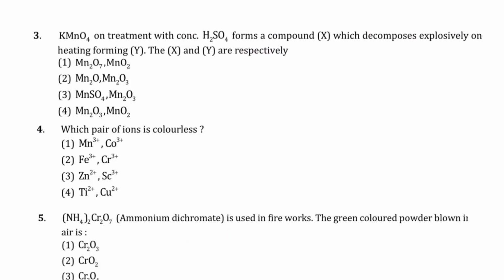Next, the third question. KMnO4 on treatment with concentrated H2SO4 forms a compound X which decomposes explosively on heating, forming Y. The X and Y are respectively: Mn2O7 plus MnO2, and the other options.